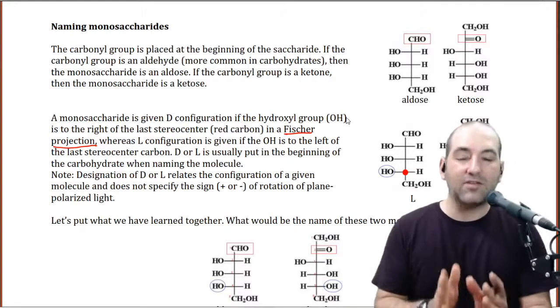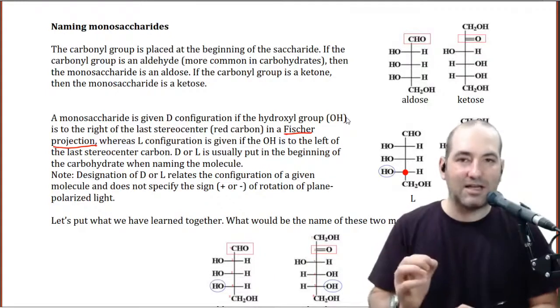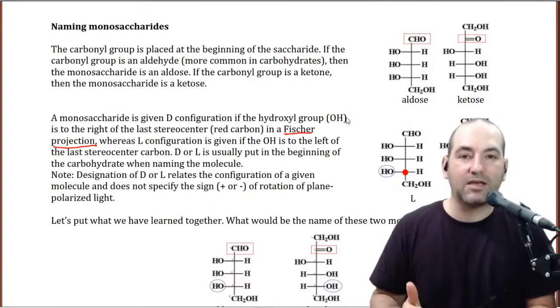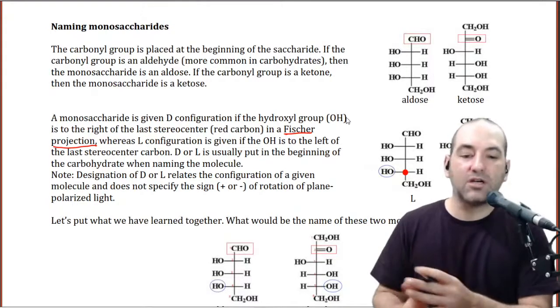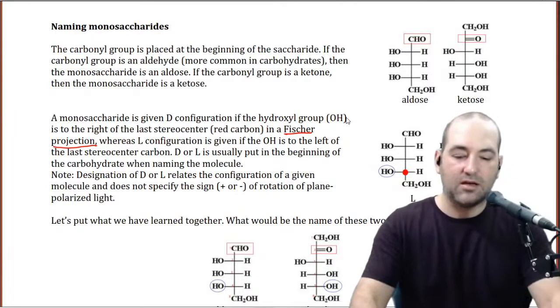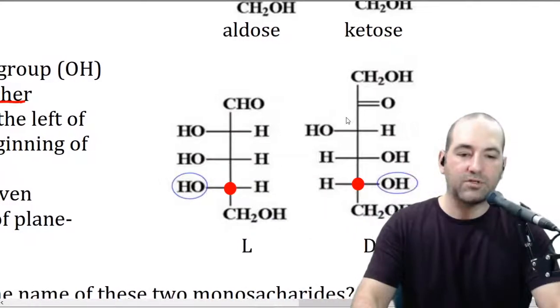You have to actually leave it in that specific configuration. The top and the bottom have to stay the same. And then when those are all laid out, it actually makes distinguishing different structures a little bit easier. So let's dig in to some of these Fischer projections here.